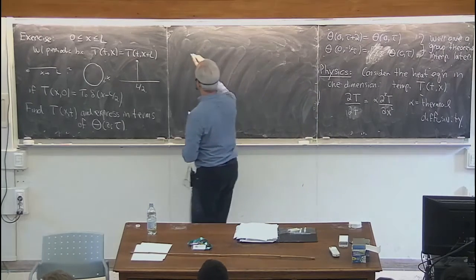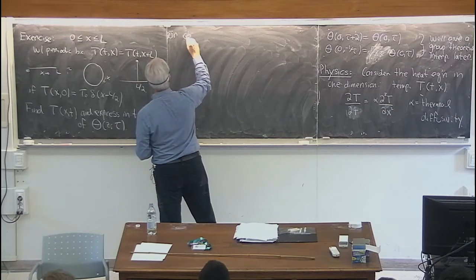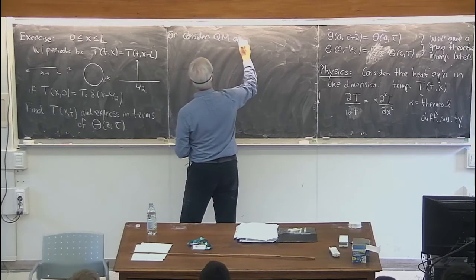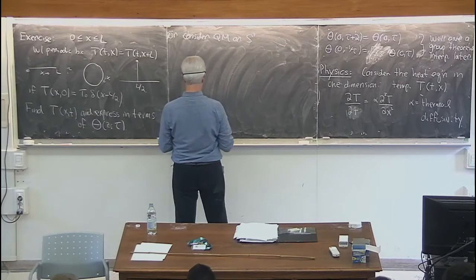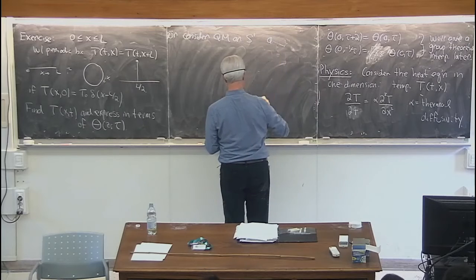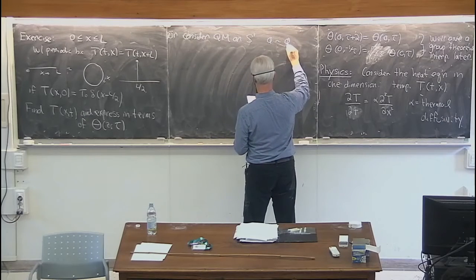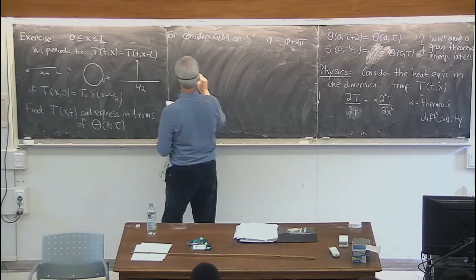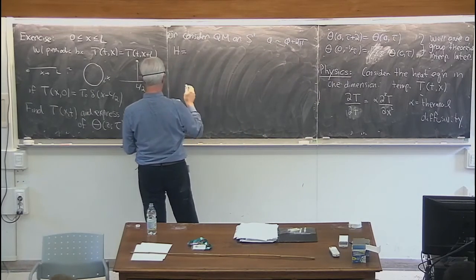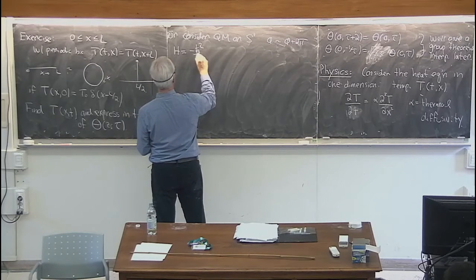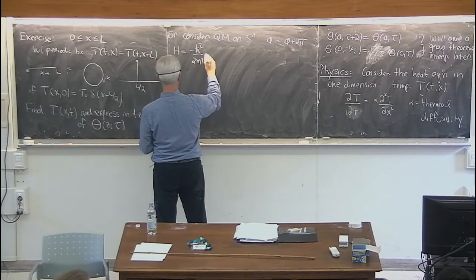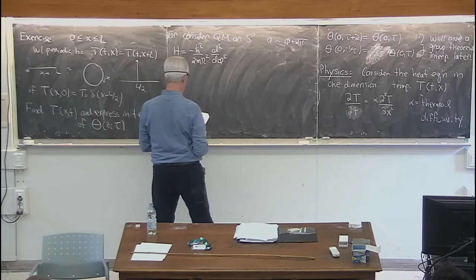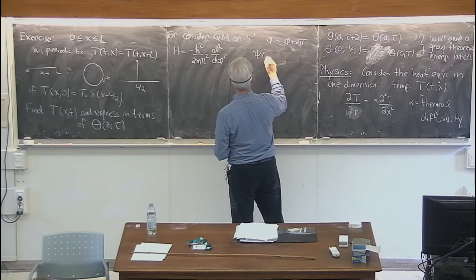Or, if you prefer, consider quantum mechanics on a circle and take phi to be identified with phi plus 2 pi. The Hamiltonian, if it's a free particle on a circle, is just minus h bar squared over 2mr squared times d squared by d phi squared. Wave functions should be periodic.